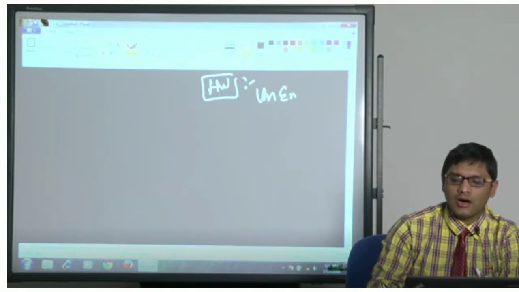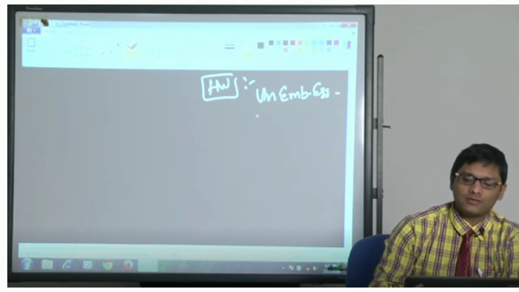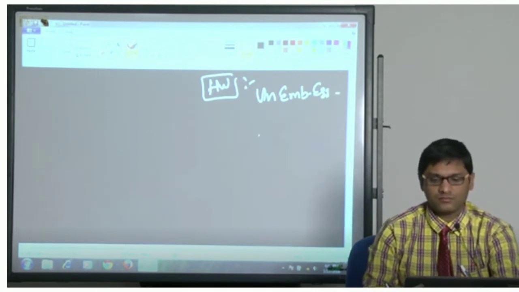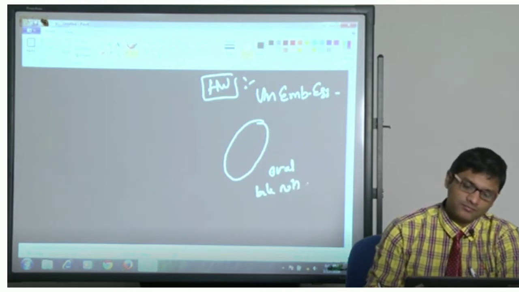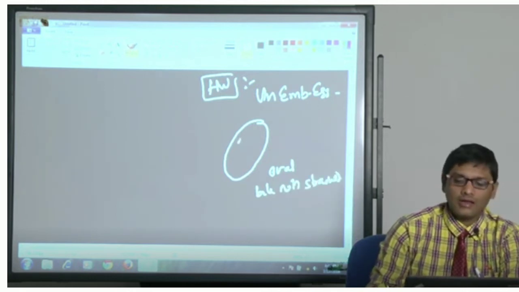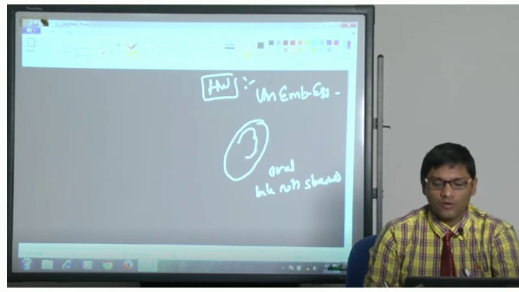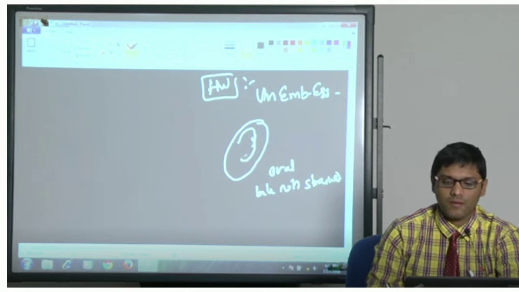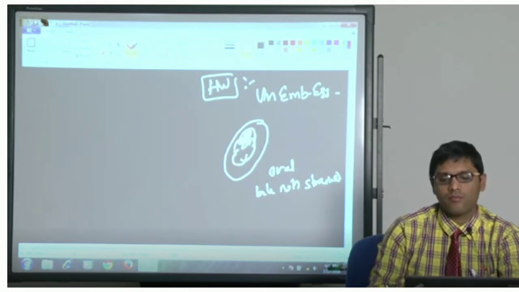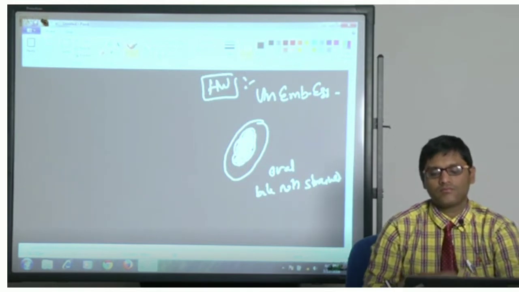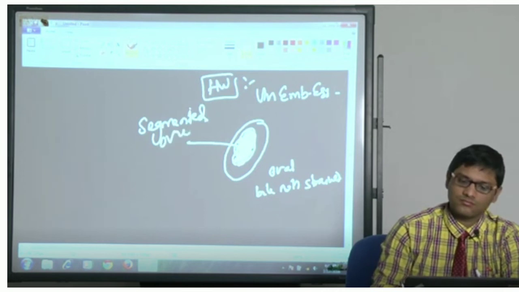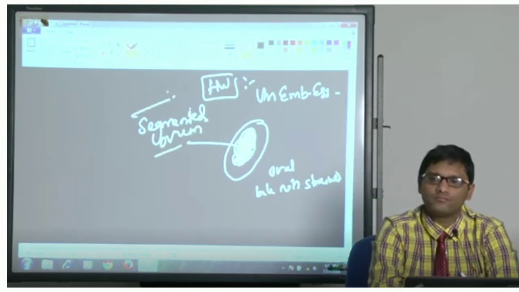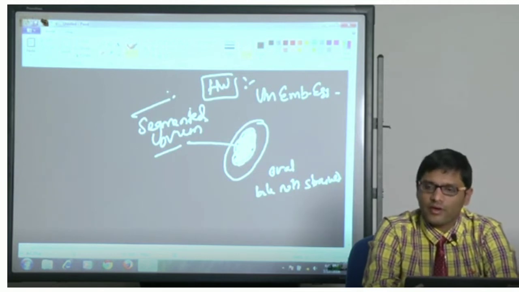Hookworm will produce an unembryonated egg, which is described as oval, bile non-stained, and initially the ovum is segmented. Segmented ovum.